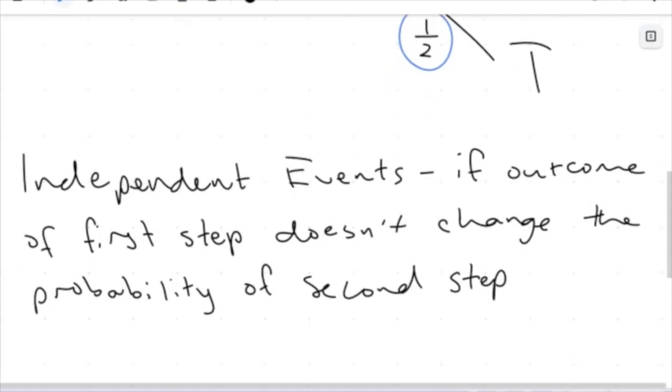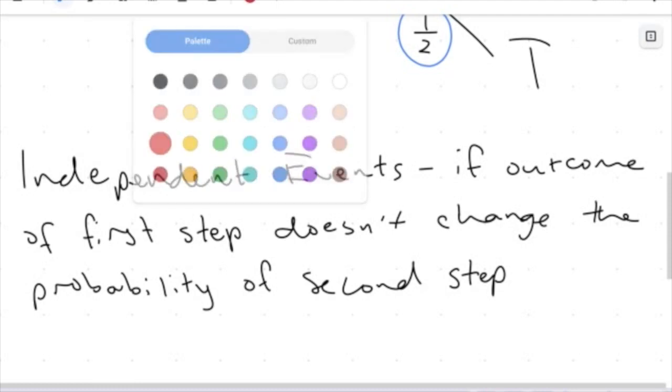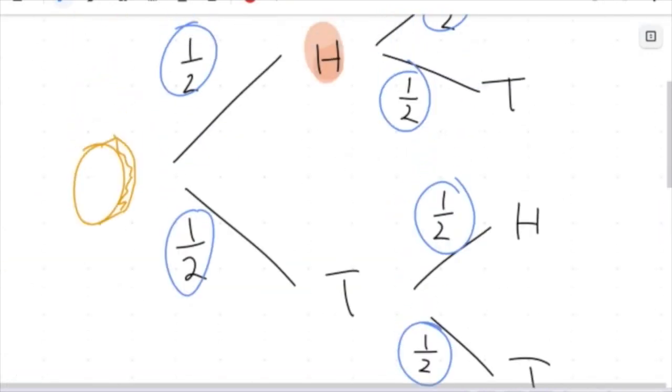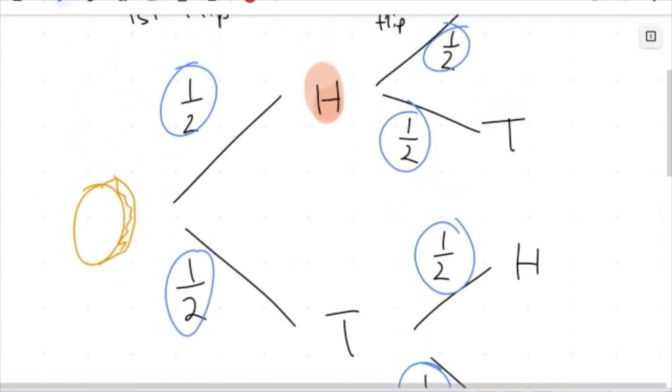So, that is how we can define this idea of an independent event. So one does not affect the other. One has no effect on another.